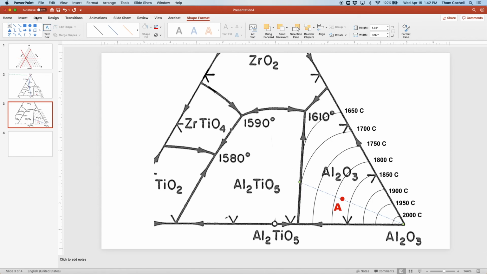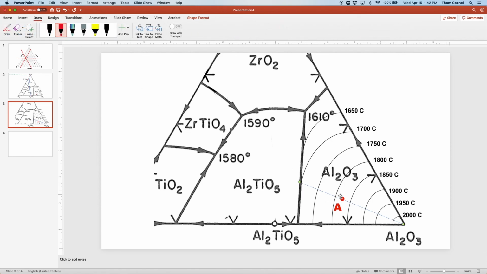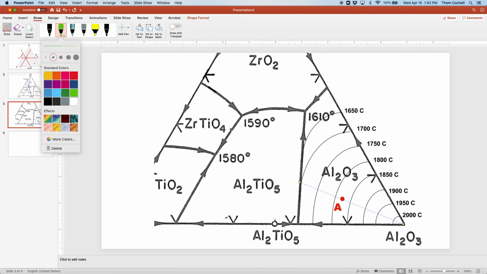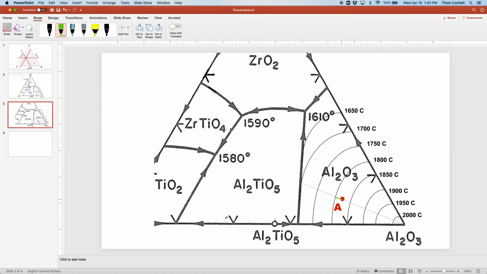And so if I draw that in, very roughly, from point A, and let me change the color here, going from A, my crystallization path would follow this line and keep going until I get to the next significant point, which would be the boundary curve. And at the boundary curve, that is where we start to form a second solid, which is Al2TiO5.